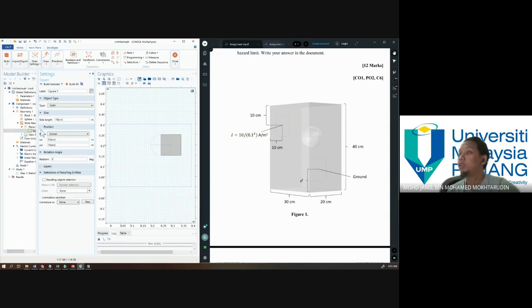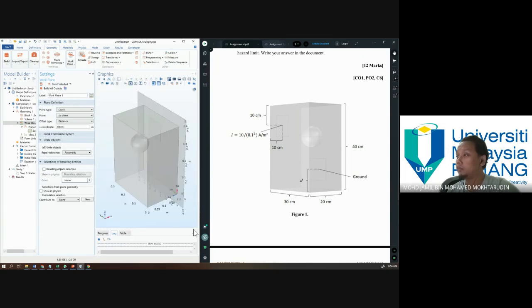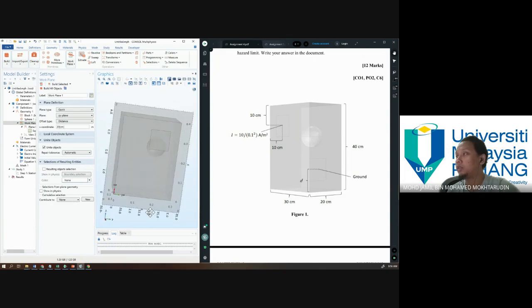Okay, so we go back here. And then so we can see that, okay, wrong here. So we have to shift it a bit over there.